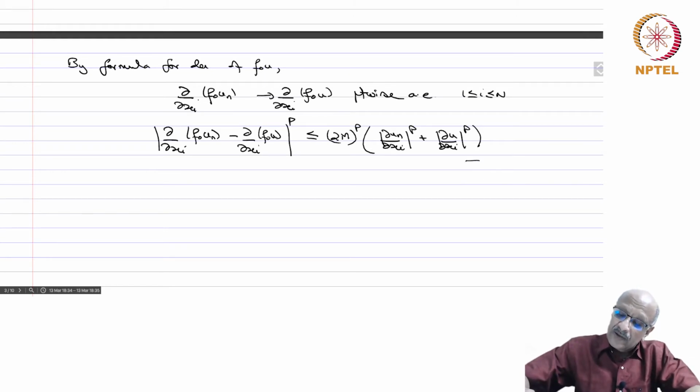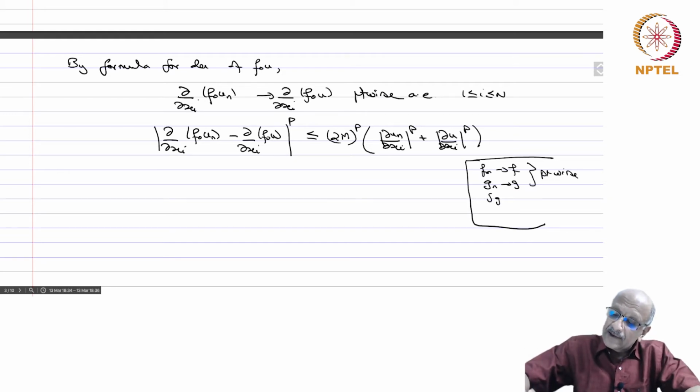What is the generalized dominated convergence theorem? It says that if f_n goes to f pointwise, g_n goes to g pointwise, and the integral of g_n goes to the integral of g, which is finite, and |f_n| is less than or equal to g_n, then the integral of f_n goes to the integral of f.